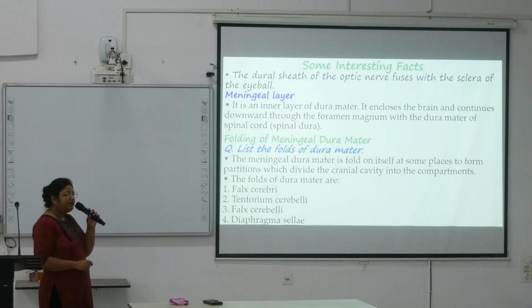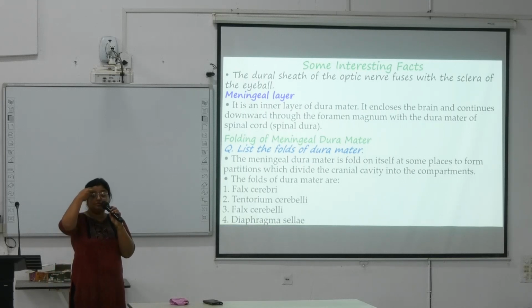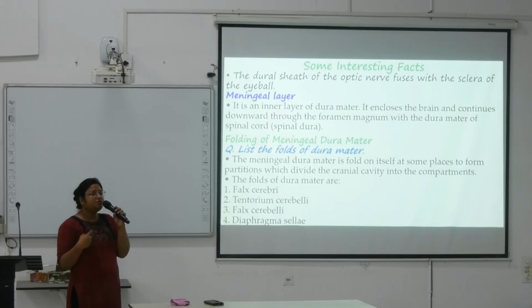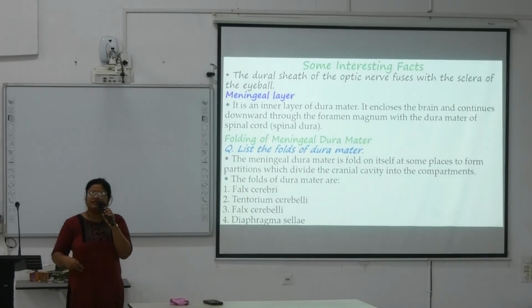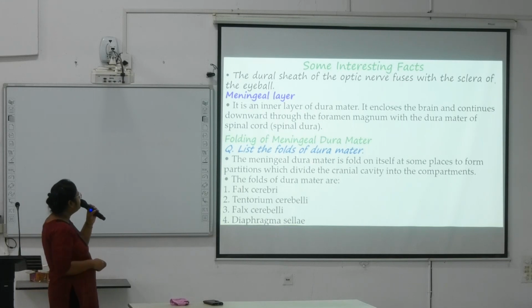Only cranial dura mater has two layers, endosteal and meningeal, because it has to enclose the venous sinuses between these two layers. That's why two layers are present in the cranial cavity. Okay, now we have to see the folds of the dura mater.